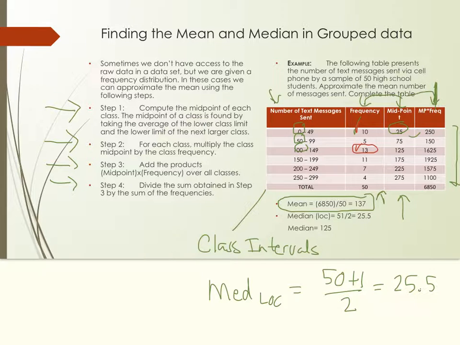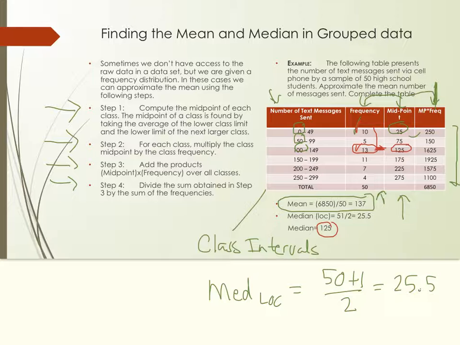When we count down, we get 10, 15, 15 plus 13 is 28. So if we count it all the way down, 25.5 has to be in this cell. So our midpoint of 125 is our median. So our median in this case is 125.